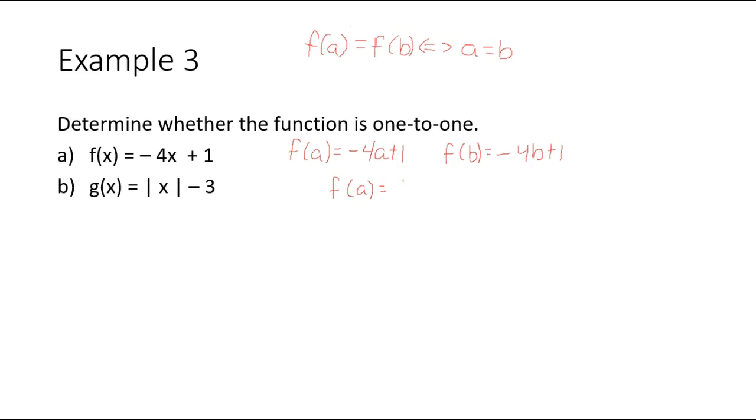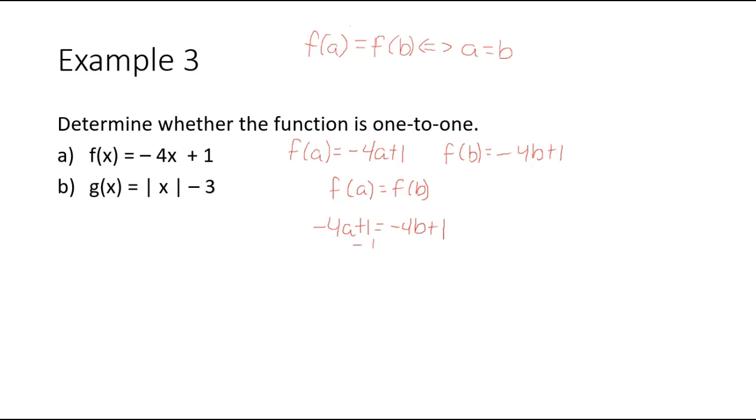And what I'm going to try and show is that if f of a is equal to f of b, then a and b had to be equal to each other in the first place. All right, so we're going to have negative 4a plus 1 equal to negative 4b plus 1. I'm going to solve this equation either for a or for b.